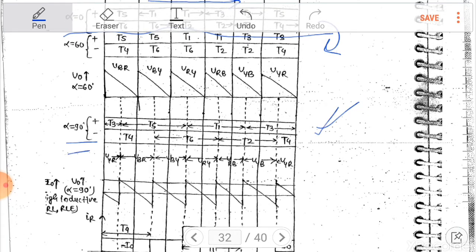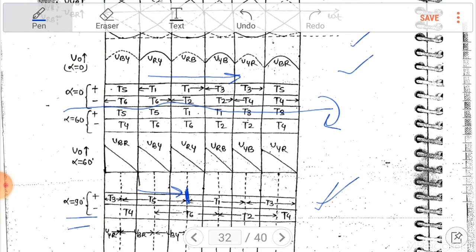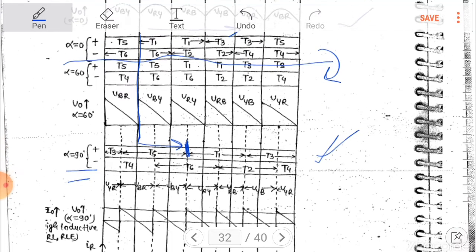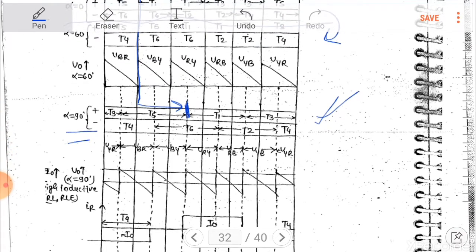See, the thyristor is shifted 90 degree from its initial position for alpha equal to 0 degree. In this manner, the thyristors are pushed and the waveform appears like this. So in each section, we will see which thyristors are turning on.